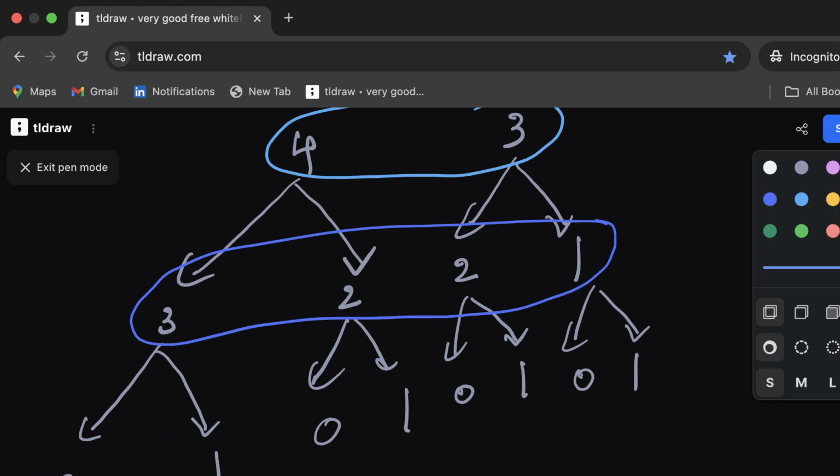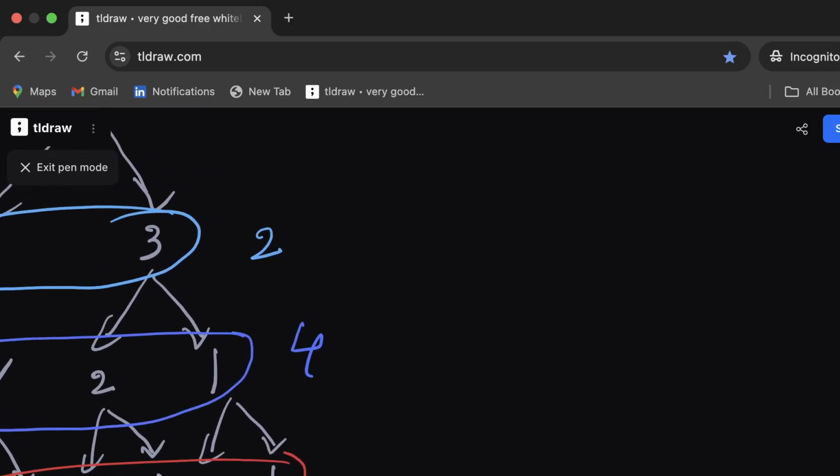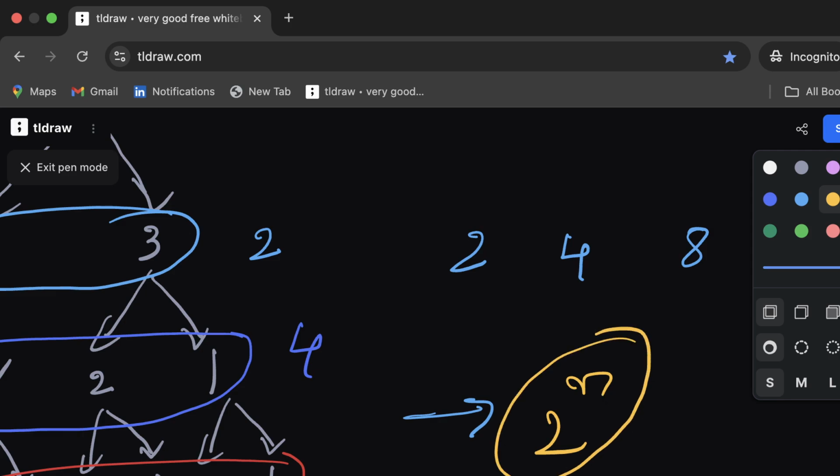So this is basically 8 calls, right? This is 8, this is 4, this is 2. So we can generalize this: the way the function tree is going to grow is 2, then 4, and then 8. So you can say the growth of the function is 2 power n, right?